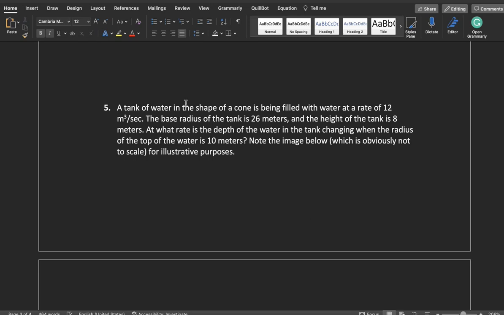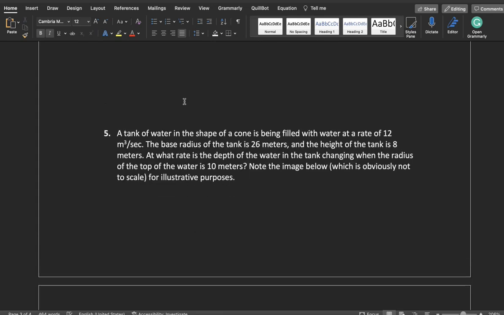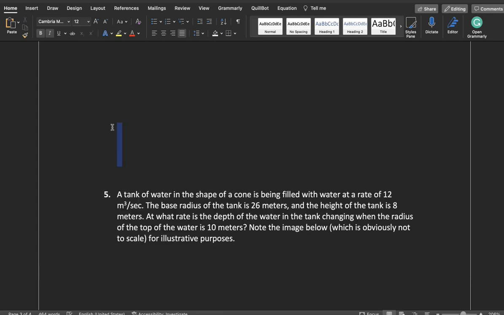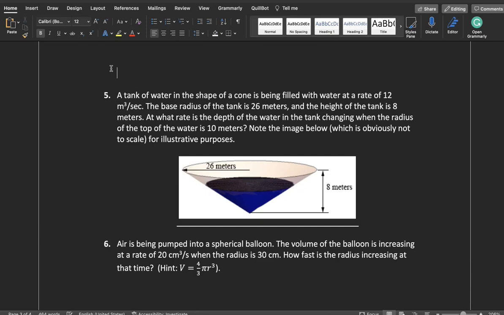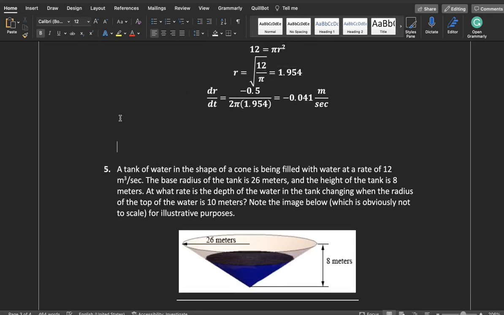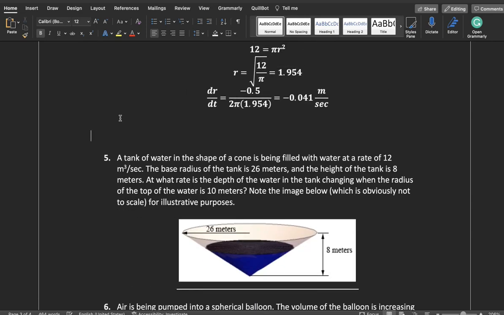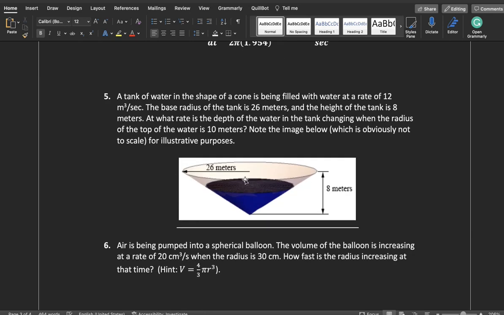Now, moving on to question 5, we're given that we have a tank that is in the shape of a cone that's being filled with water at a certain rate, 12 meters cubed per second, right?